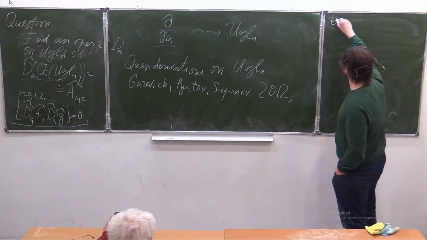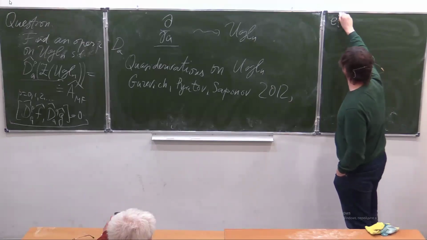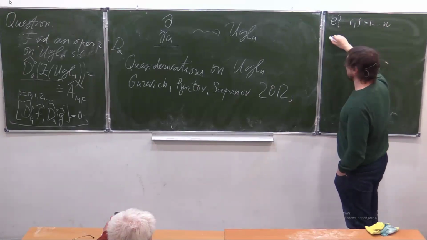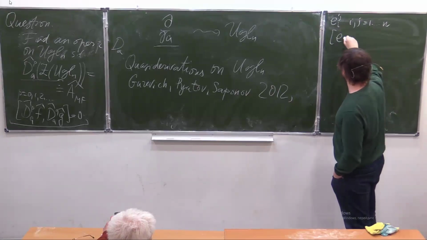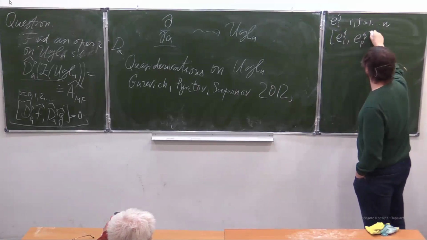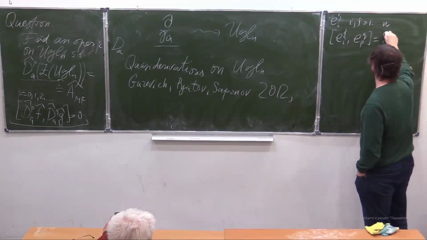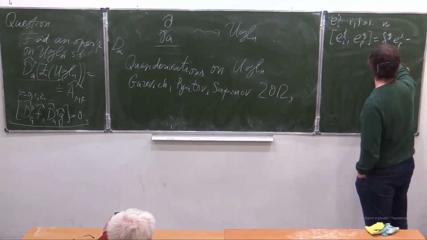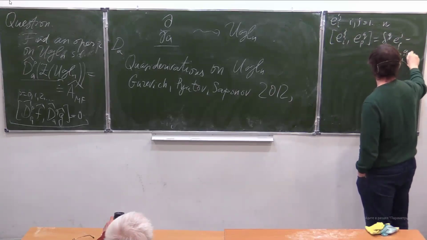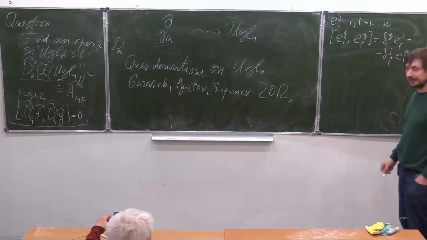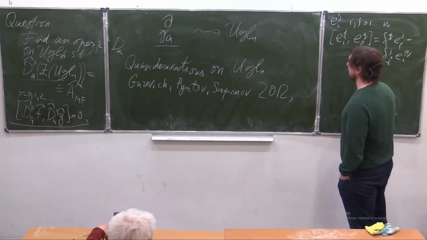I'll denote the generators by E_ij, where i, j vary from 1 to N. I also assume the following commutation relation holds: E_ij commuted with E_pq gives delta_iq E_jp minus delta_jp E_iq. Just to set the notation. There are different ways to write down this relation, but I'll use this notation.